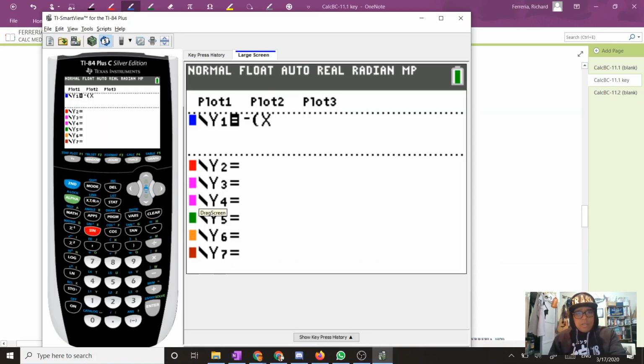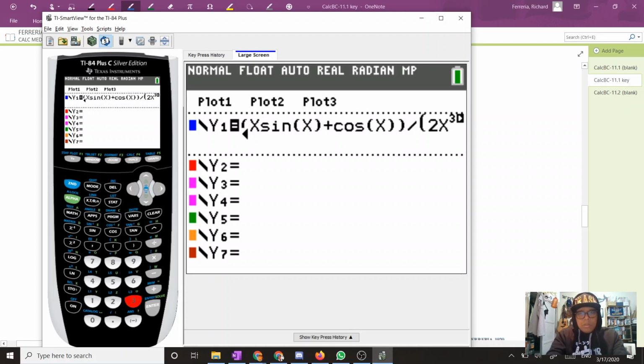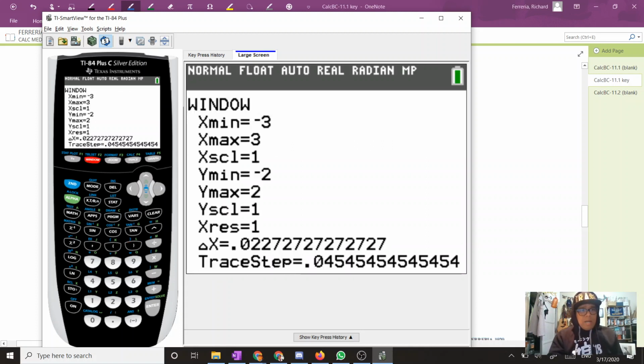T sine t plus cosine t, that whole thing divided by 2t cubed. Okay. So we just need to graph this with t between 0 and pi. So 0 to pi.